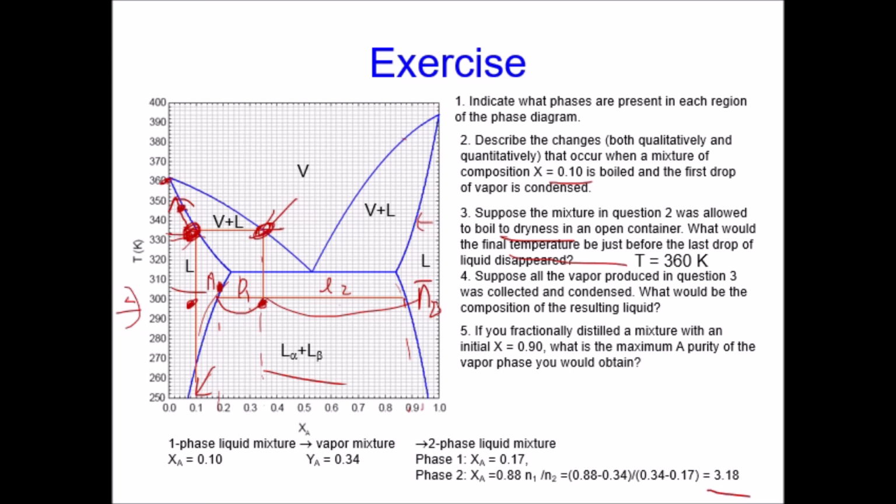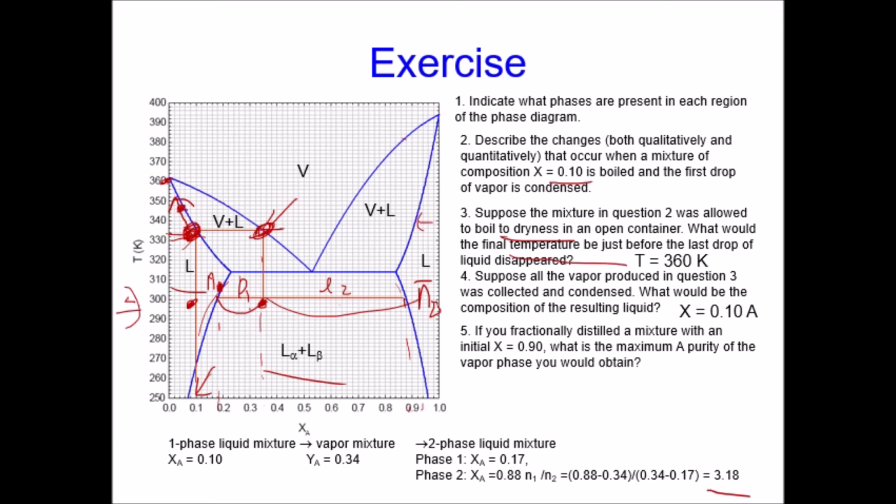The next question is: suppose all vapor produced in question 3 was collected and condensed. All the solution vaporized becomes vapor and you condense it, so the concentration should be the same as the initial liquid composition. So the composition of the resulting liquid should be 0.1.